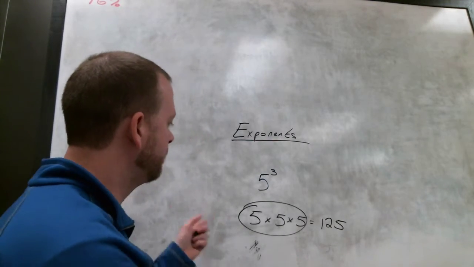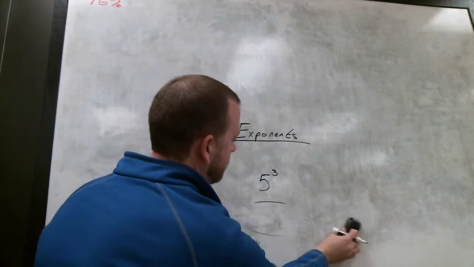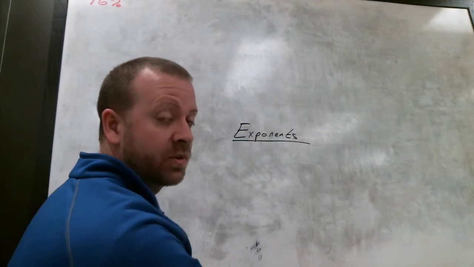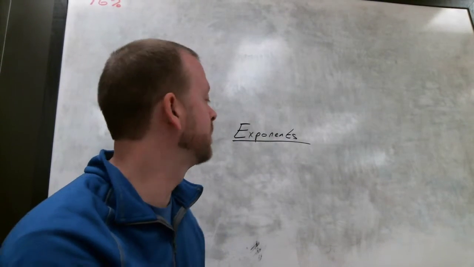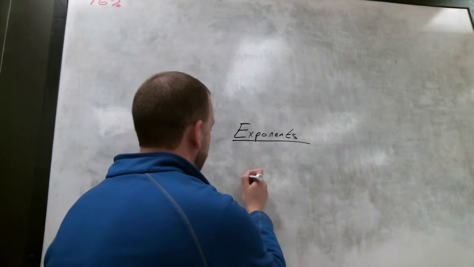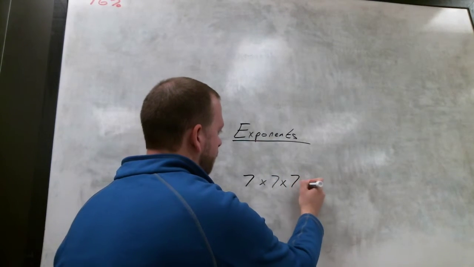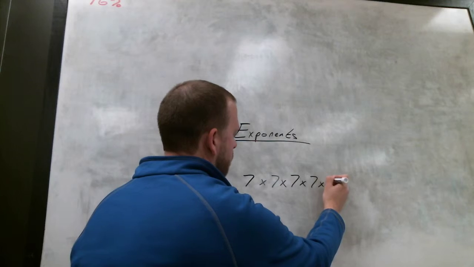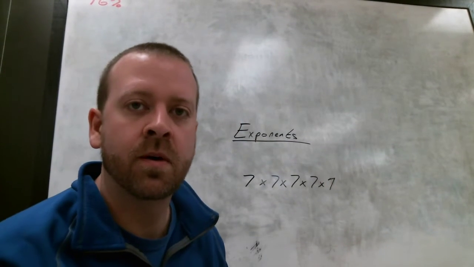But they also may give you this. Let's erase this. They may do the opposite. They may give you the expanded form and say, hey, write this as an exponent.